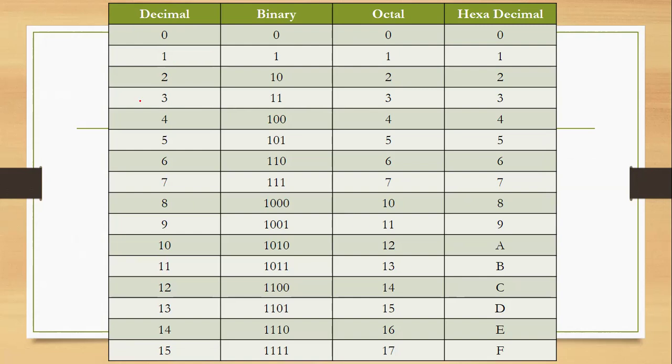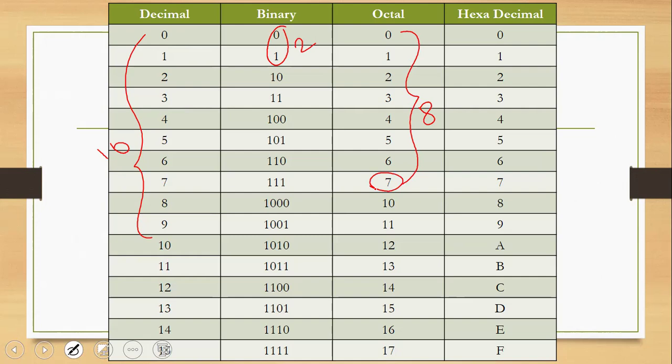As it is radix 10, it will have 10 numbers. In binary, we have radix two, which means it has only two combinations, either 0 or 1. When it comes to octal, it is totally 8 combinations, ranging from 0 to 7.